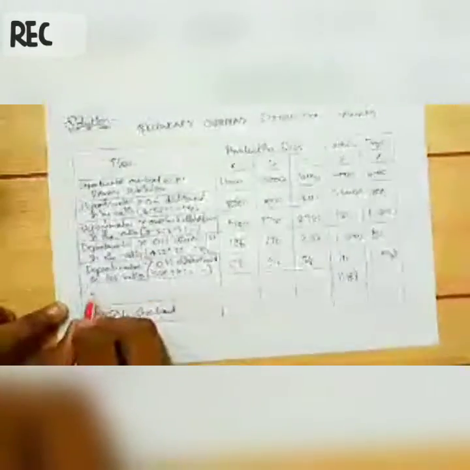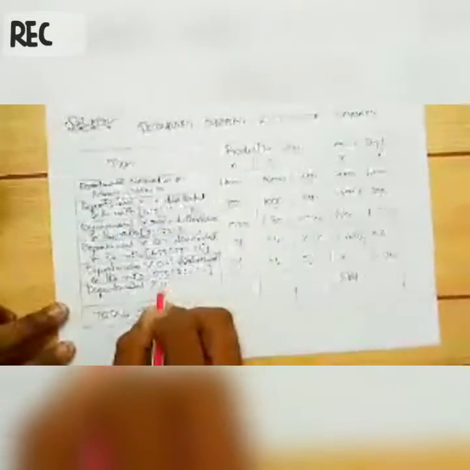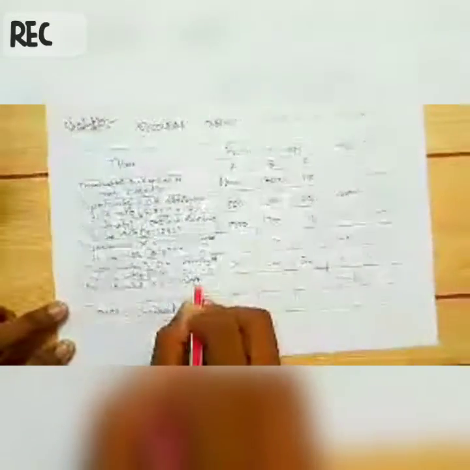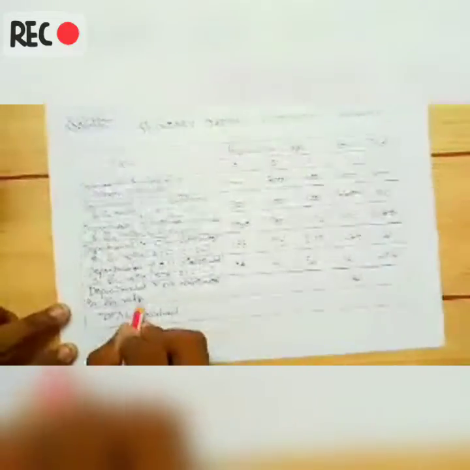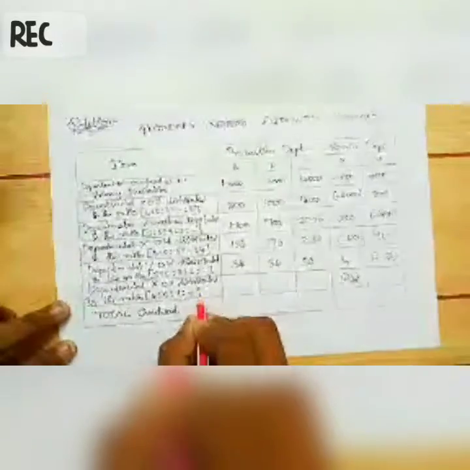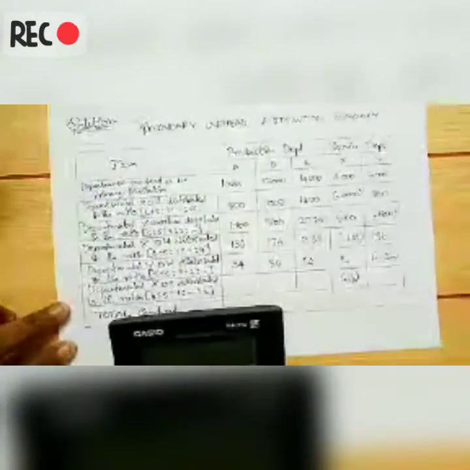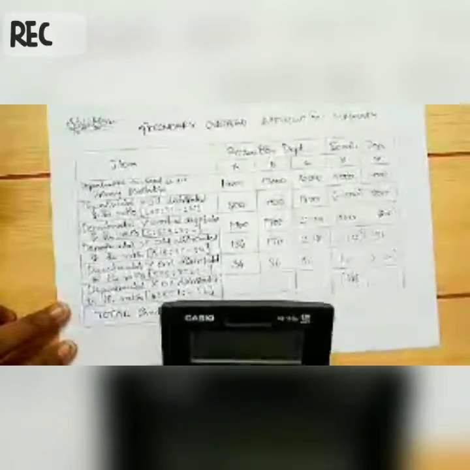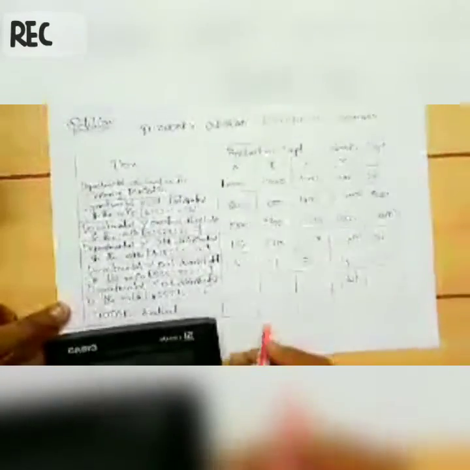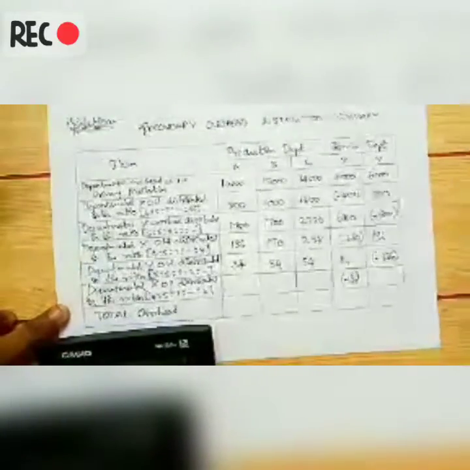Now we should write in the item column departmental X overhead distributed in the ratio 4:5:7:0:4. 14 into 4 divided by 20. It becomes 2.